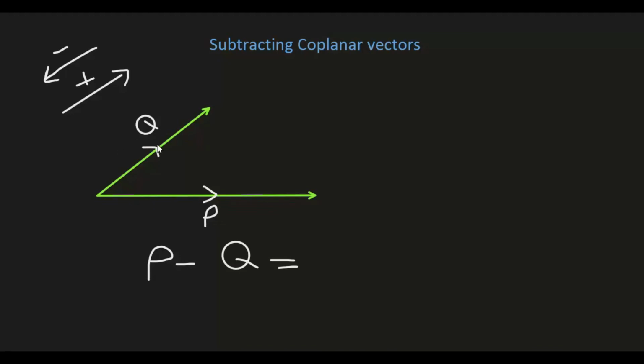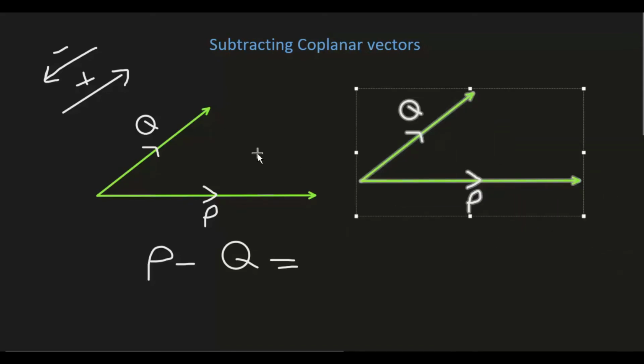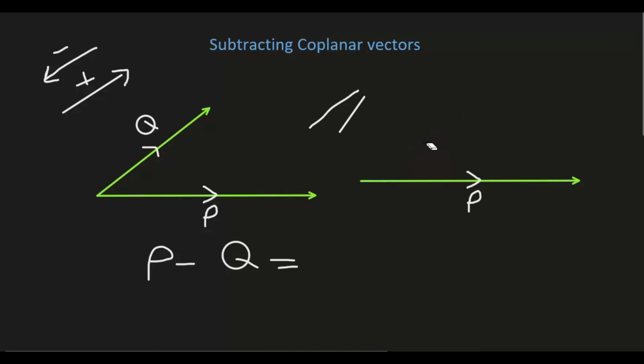So if this is Q, let me just copy this. If this direction is positive, then this direction is negative. And if I remove this, I can say that if I change the direction, the value is the same, right?